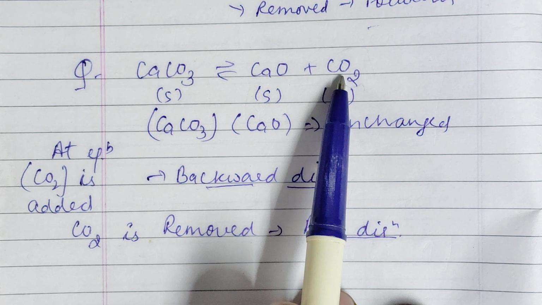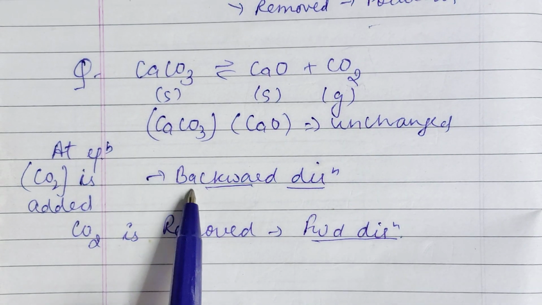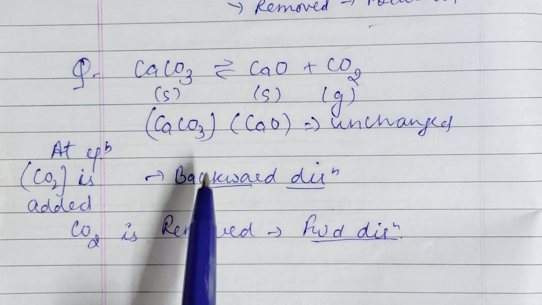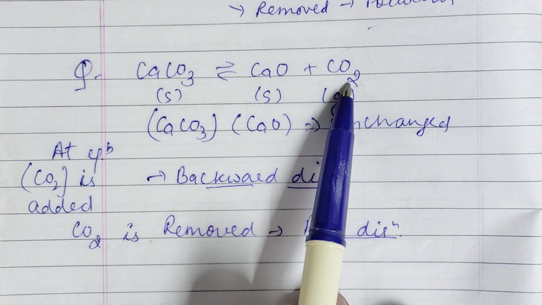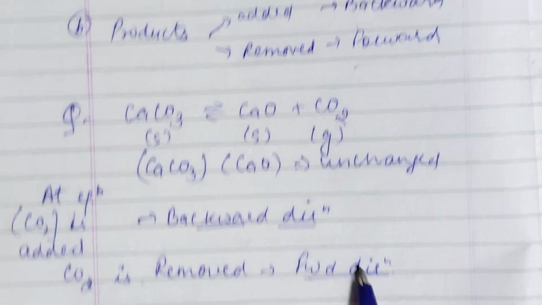If we add CO2, then the reaction goes in the backward direction. It means we are adding product. So if we add product, the reaction goes in the backward direction.